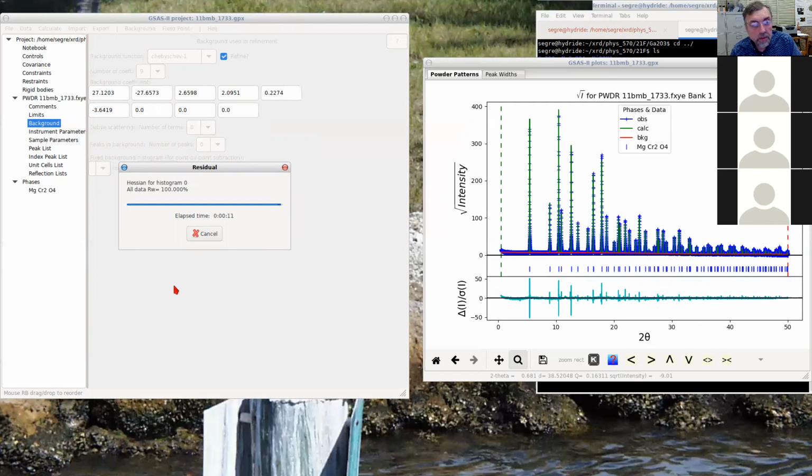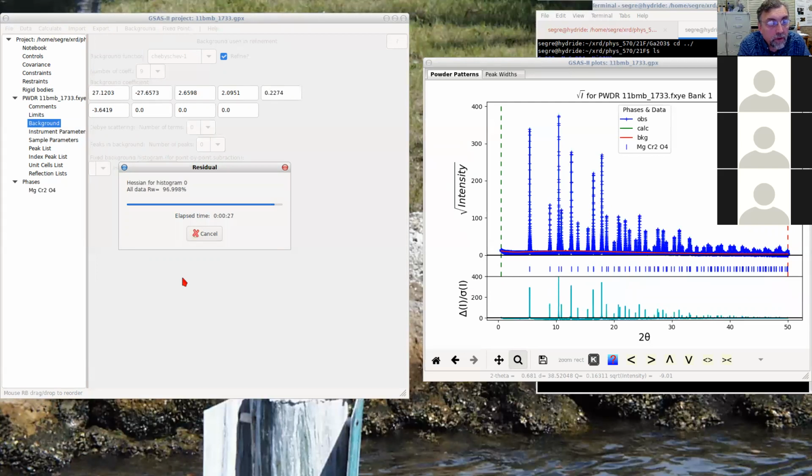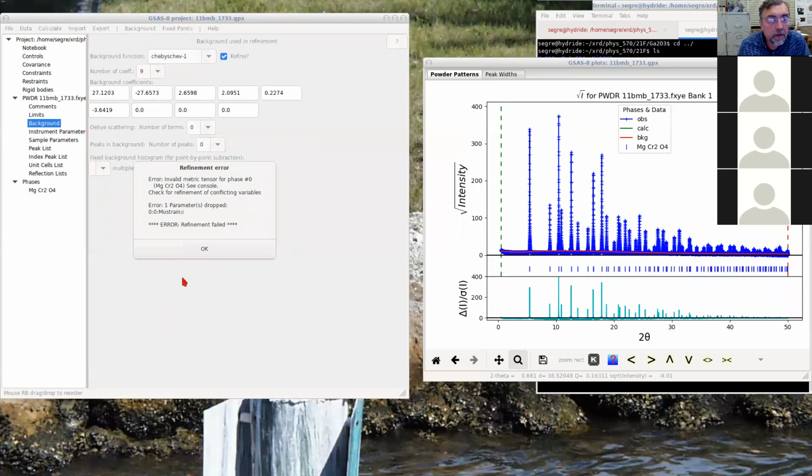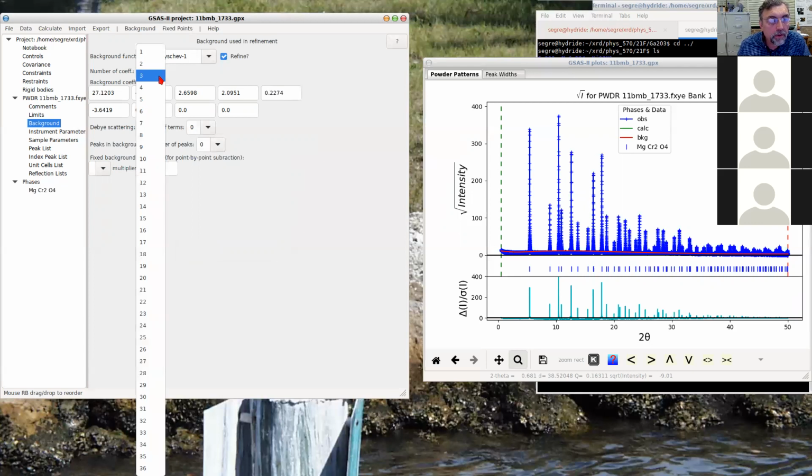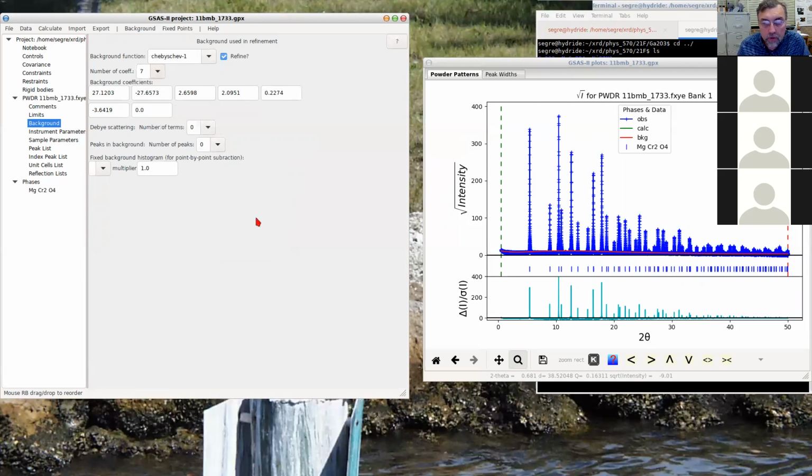Don't crash on me, please. This is taking longer than expected. There we go. I may have to roll back and start again with some of these parameters because often you have an issue. Yeah, you see, this added these additional parameters and it sort of rolled over and died.